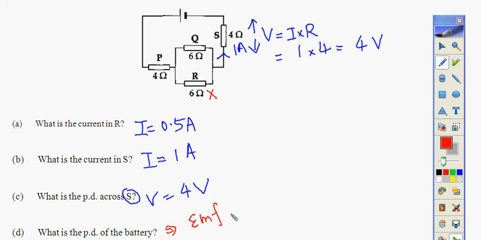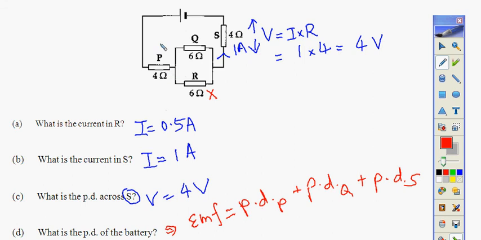So EMF is equal to the potential difference across P plus the potential difference across Q plus the potential difference across S. Let's see how we can find the potential difference of P. When we look carefully at P and S, we realize this is a series connection.